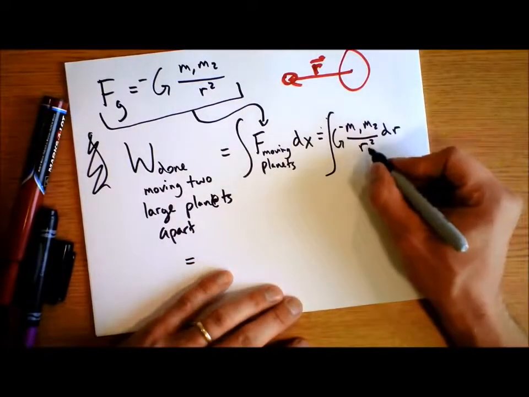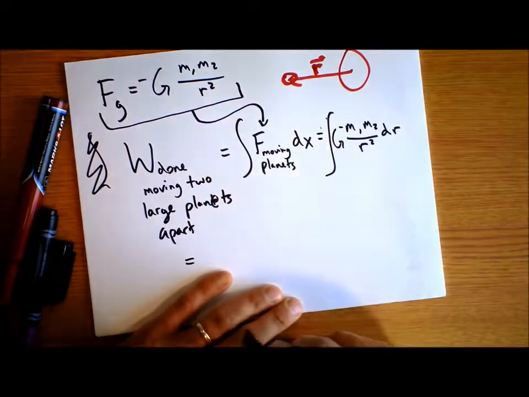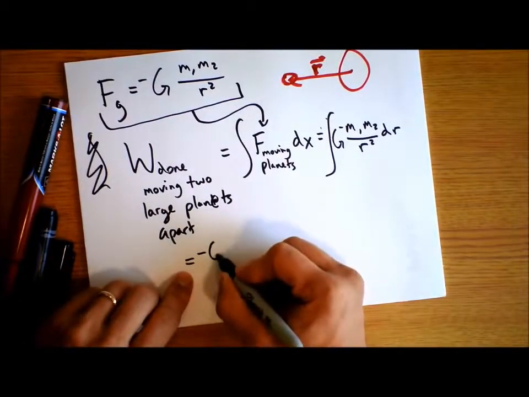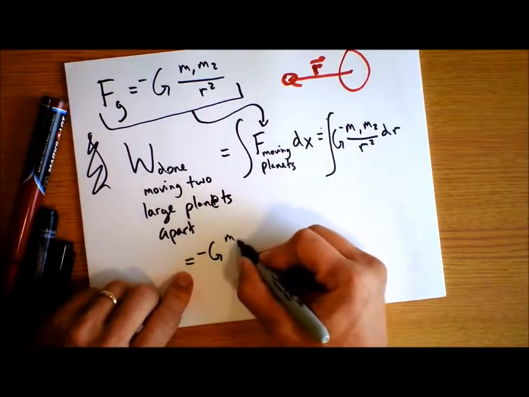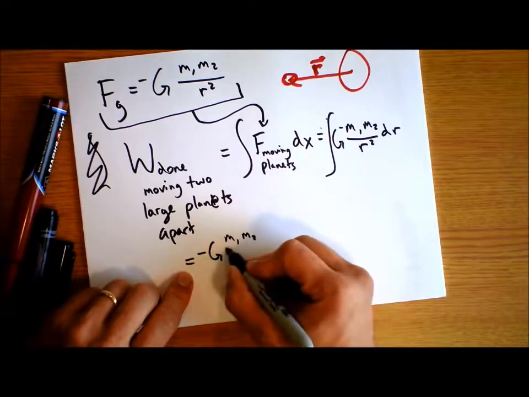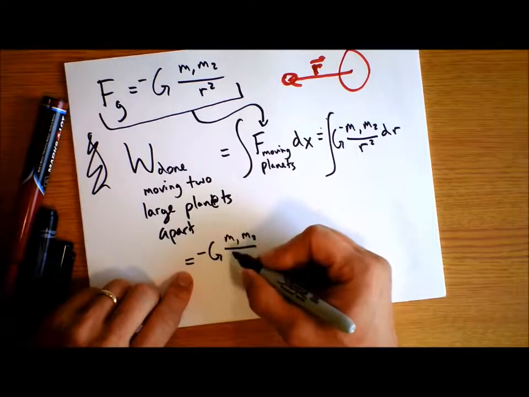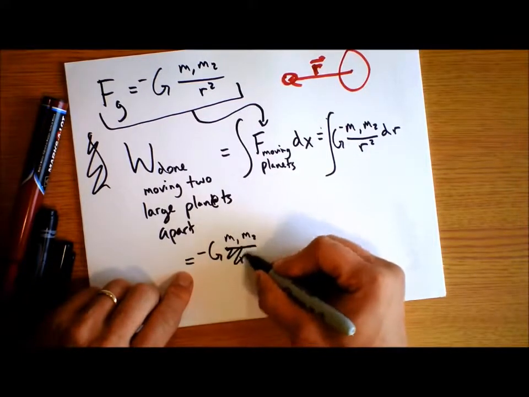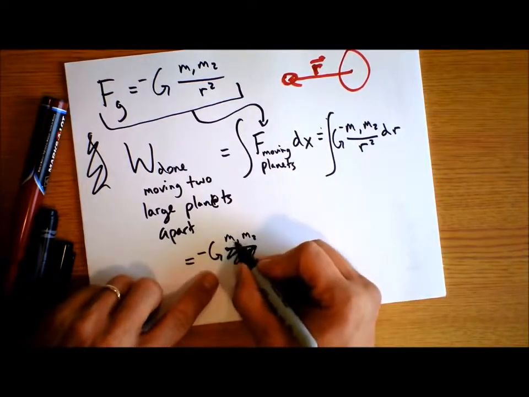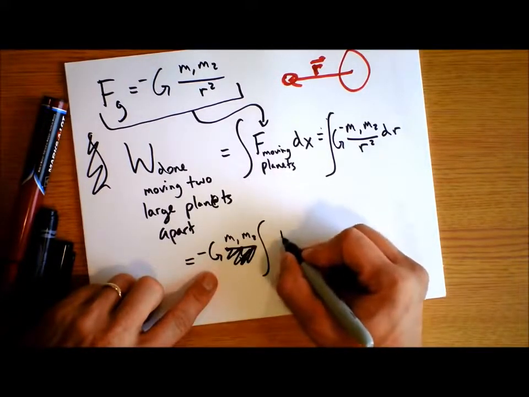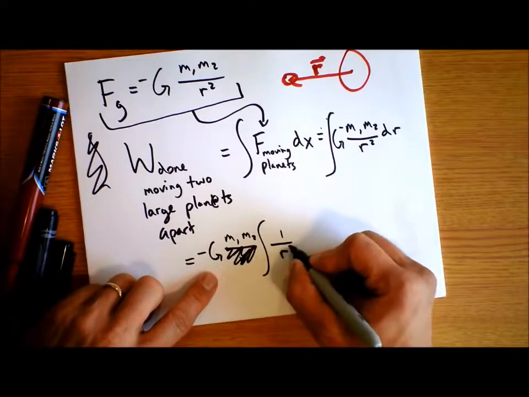The distance between the two planets will be changing, so we have to leave that. I'm going to pull out the stuff: negative G times m1 times m2 times the integral of 1 over r squared dr.